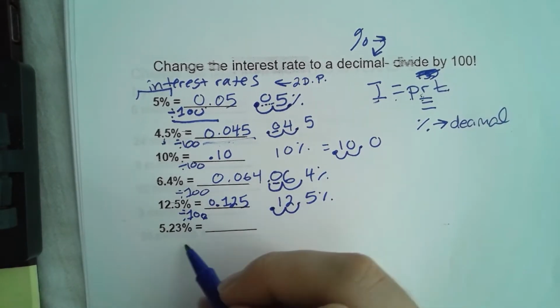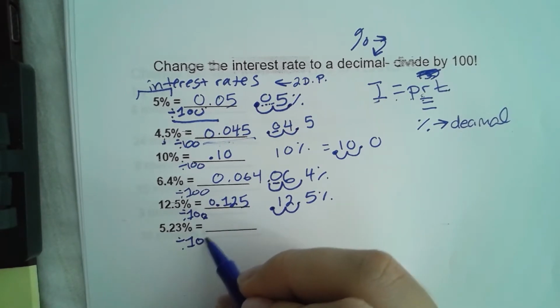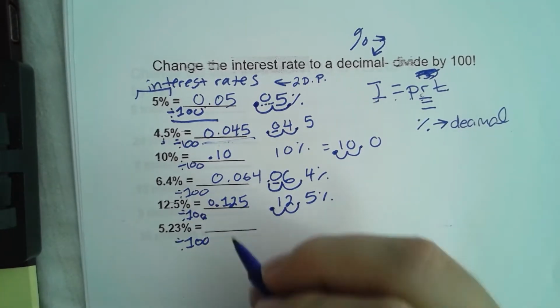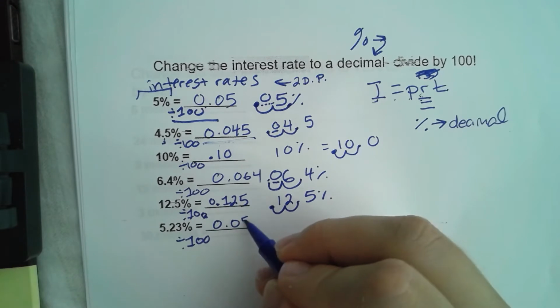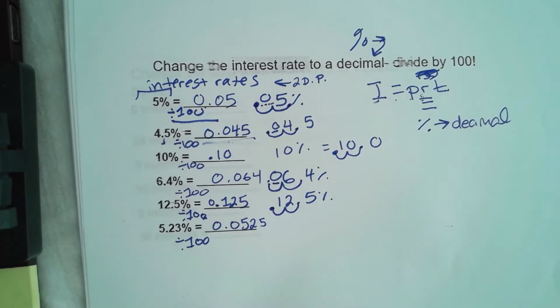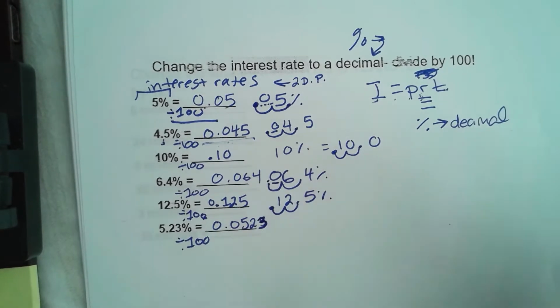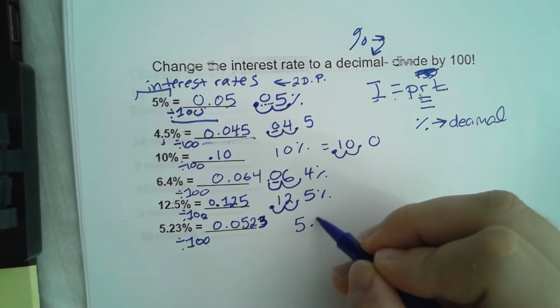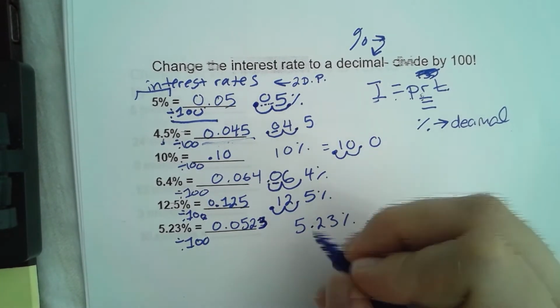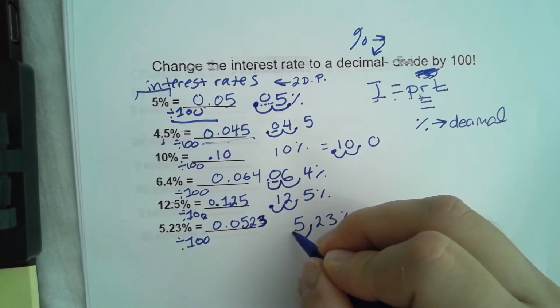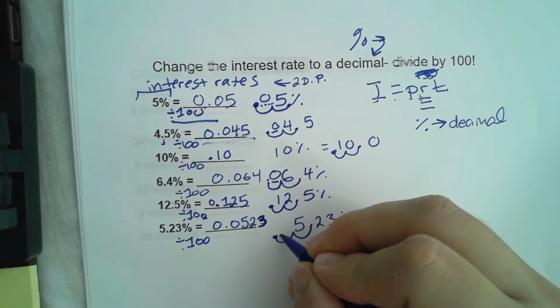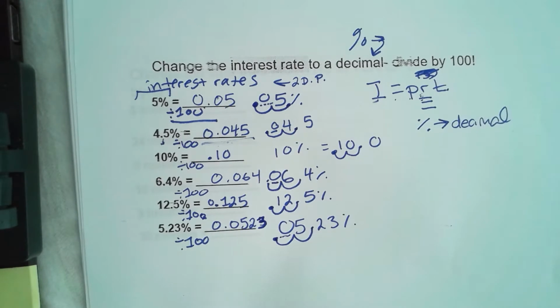5.23%, interest rate, you divide by 100, and you should get 0.0523, excuse me. And if you wanted to do it this way, all you do is move it 2 places. Put the decimal there, and over here you're going to put a 0.